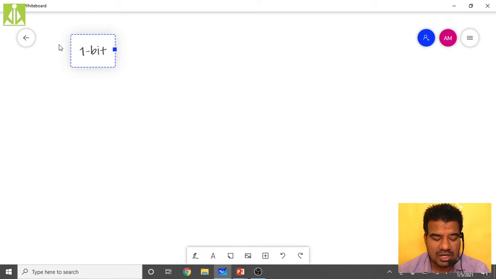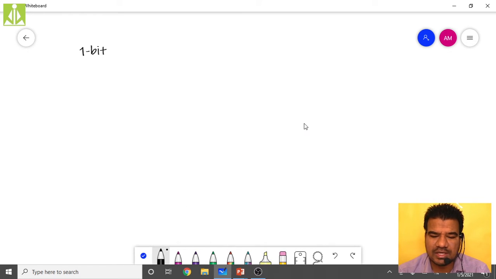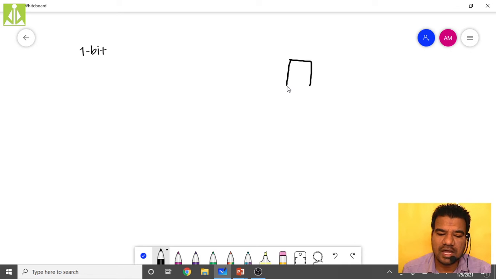You have to remember. To understand this 1 bit, I will take a small block. When we say 1 bit, how many memory blocks will the computer allocate? Only 1 block of memory. This block is capable of holding either 0 or 1. We can't store more than 1 bit in this block. So what can you store over here?